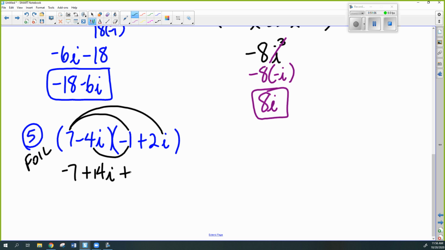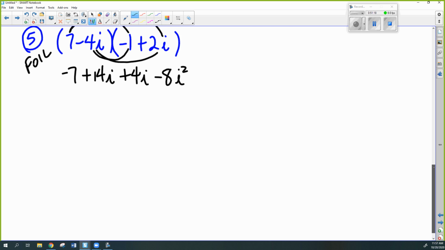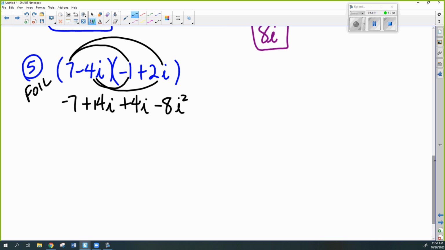Inner times inner, last times last. All right, are we okay with that much? All I did was FOIL.